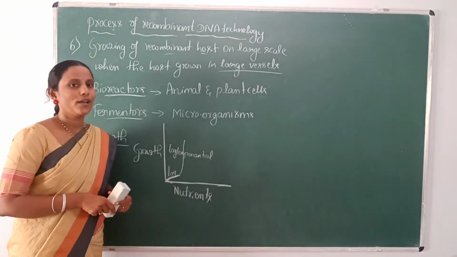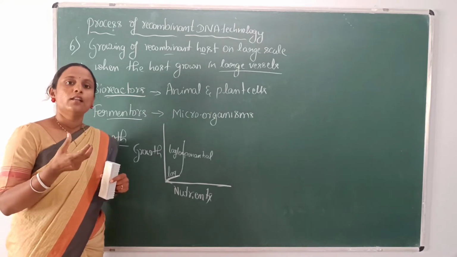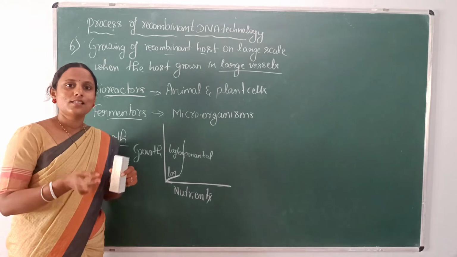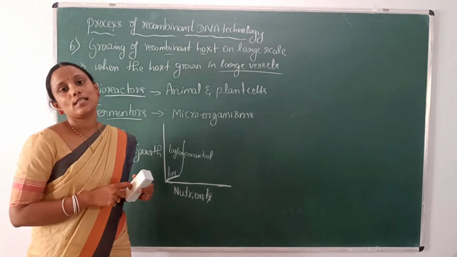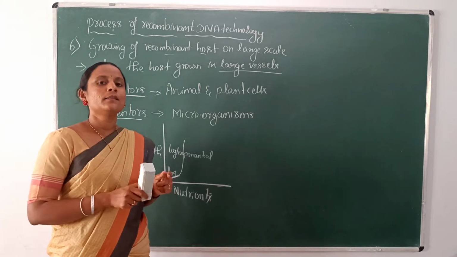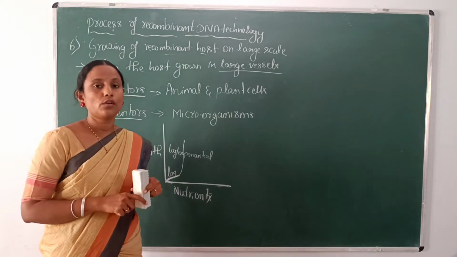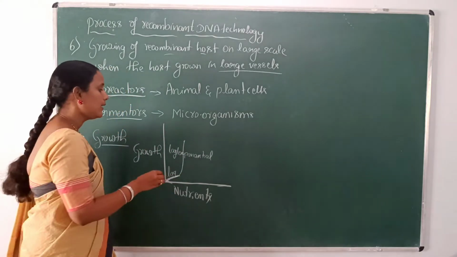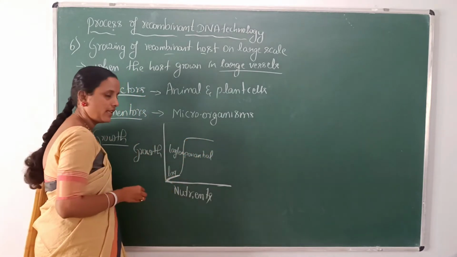Once the nutrients are getting exhausted, the cells will start digesting the other cells, and of course the cells will start producing some toxic substances. At that time the environment will not be suitable for the growth or division of the organism. For some time it will be in a stationary phase.